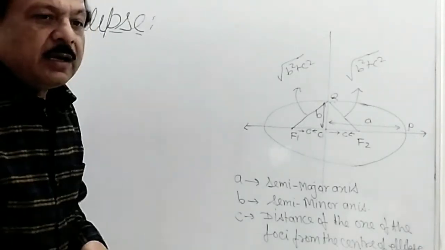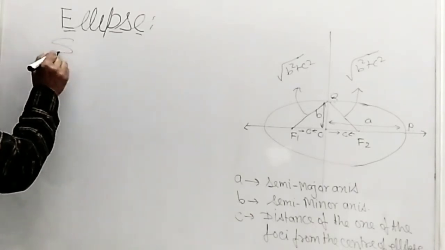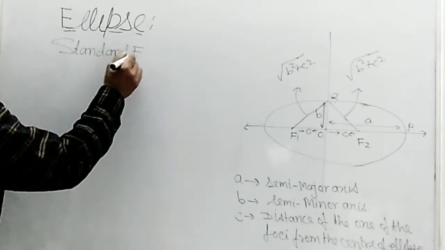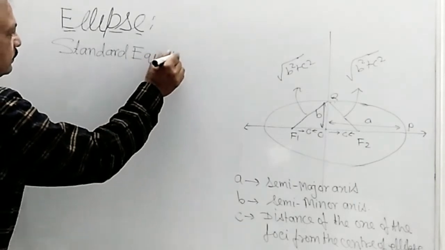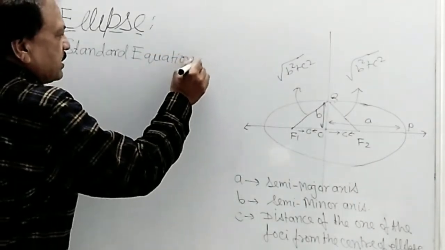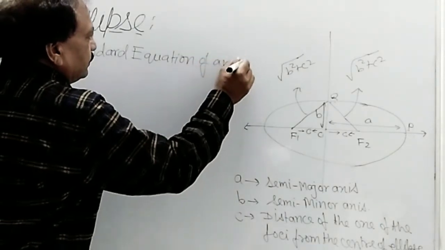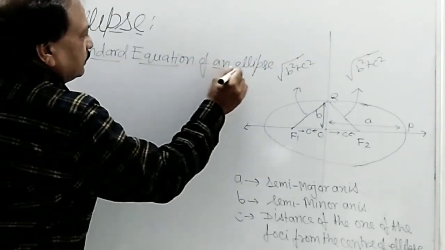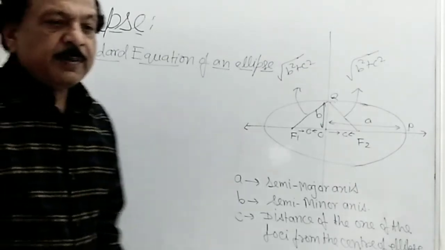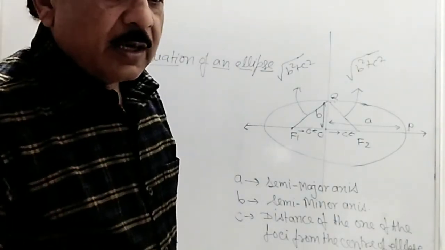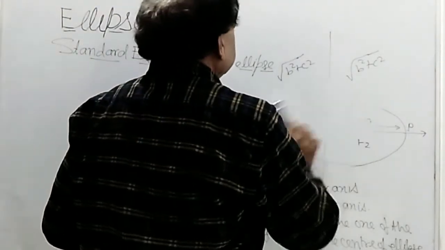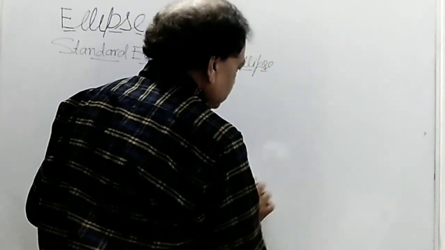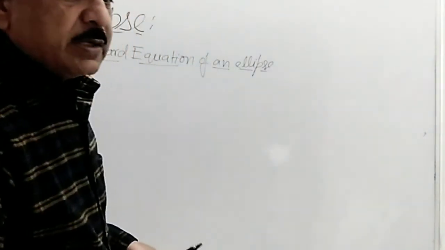Next is the standard equation of an ellipse, and there are two standard equations of the ellipse.